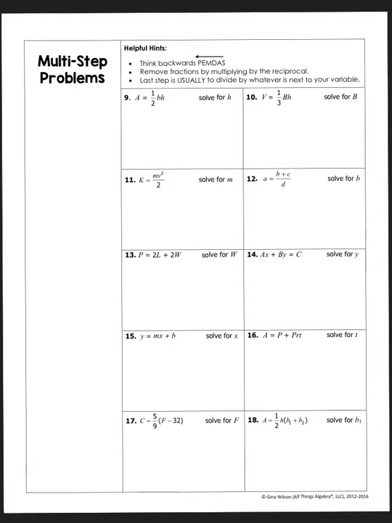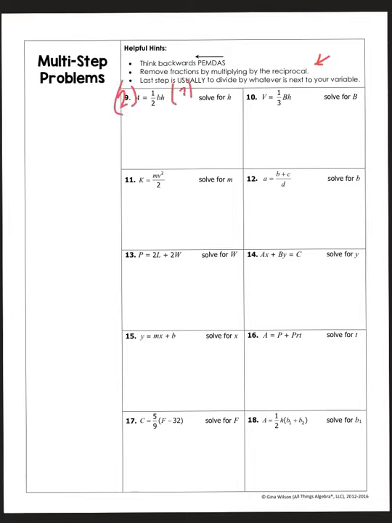So, number 9, solve for h. All right, 1/2 is being multiplied by h, and it says right here to multiply by the reciprocal. Okay, so let's get rid of that first. Let's multiply both sides by 2.